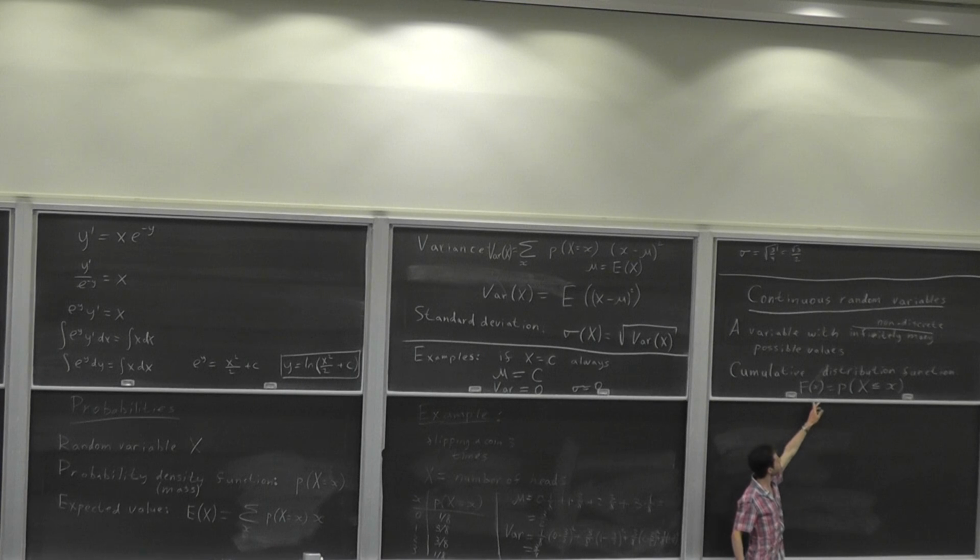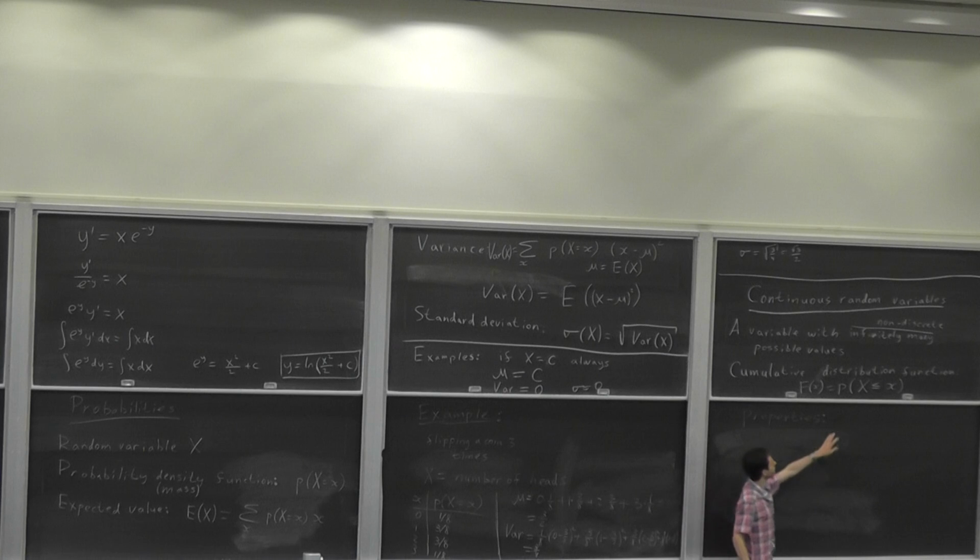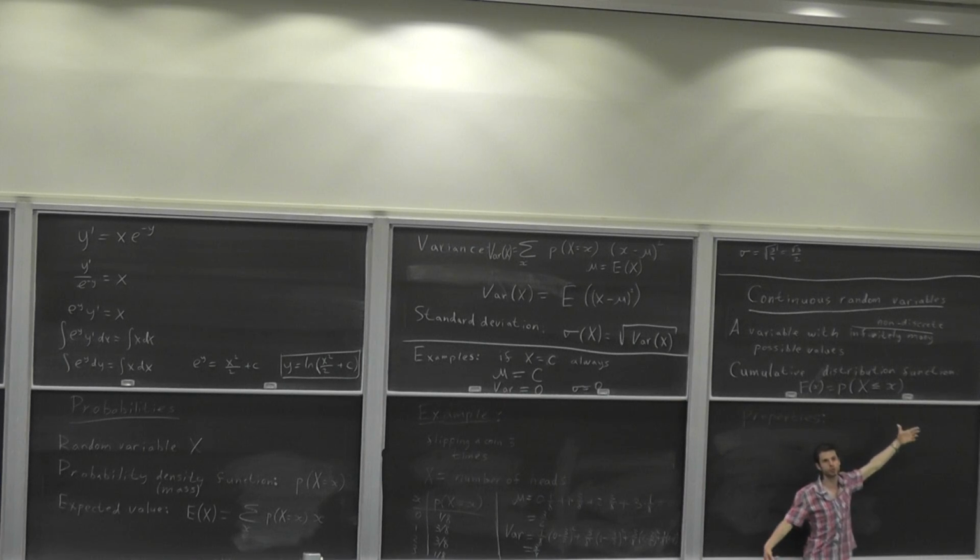So let's talk about this function. What kind of properties does it have? One property: it's always increasing. So if you increase x, the probability that the variable is smaller or equal than x is going to increase.